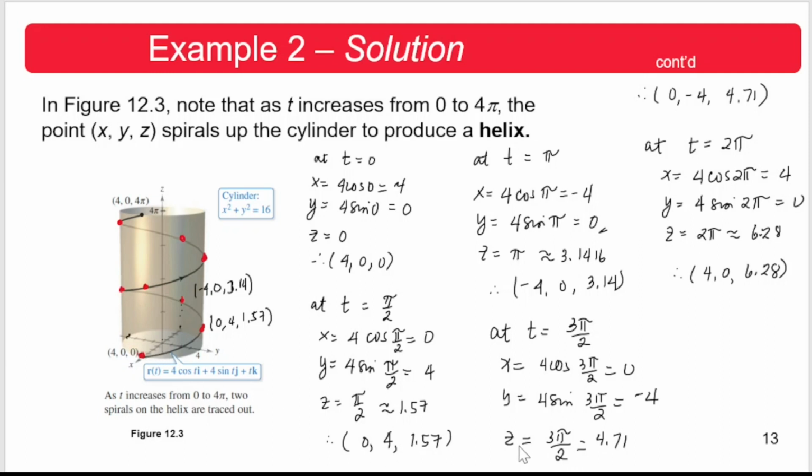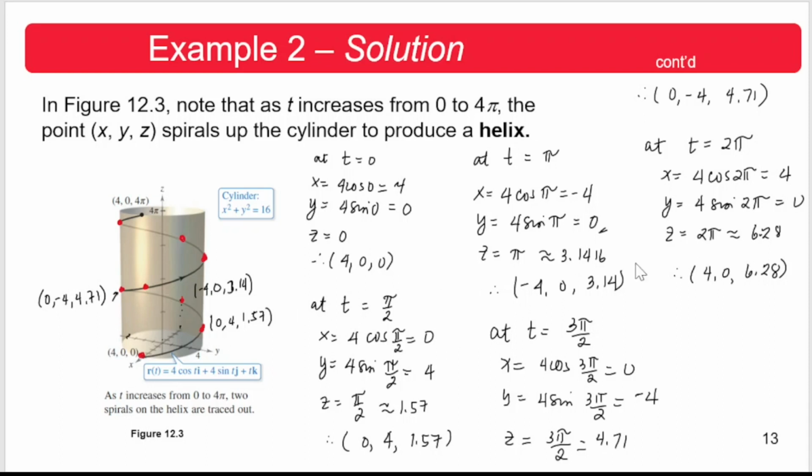And then since the z-coordinate is 4.71, you scale 4 and then 0.71 units upward along the direction of the z-axis. So this point, therefore, is the point with coordinates 0, negative 4, and 4.71.